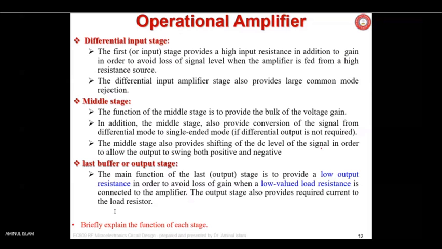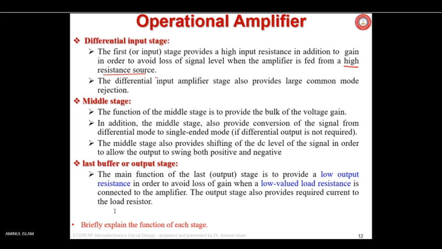Once again, different stages are talked about, described a little bit. The differential input stage is nothing but a differential amplifier. The first or input stage provides a high input resistance, in addition to gain, in order to avoid loss of signal level when the amplifier is fed from a high resistance source.